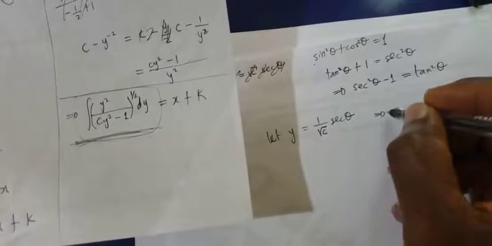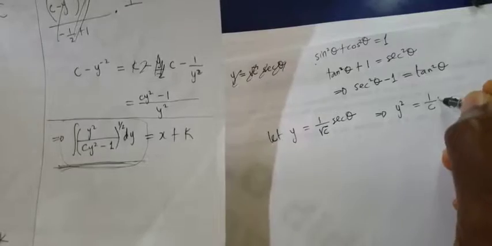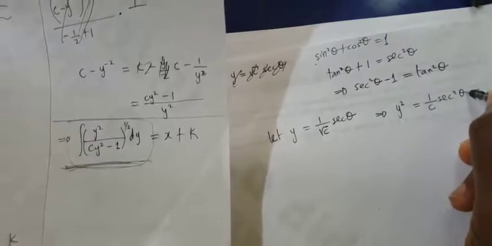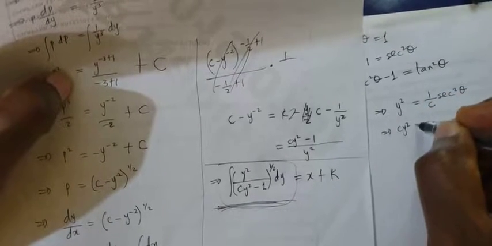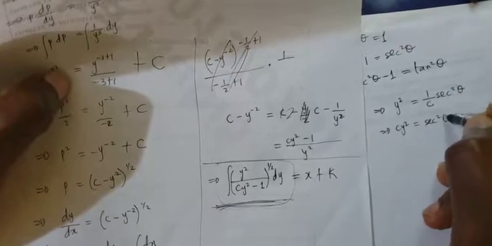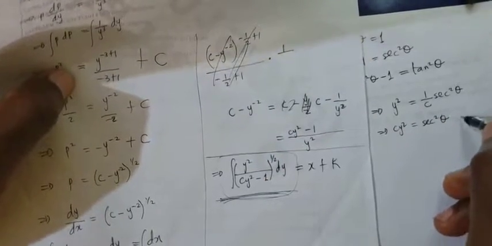So if we have 1 over root c sec theta, the idea is that when I square this, it's going to give me 1 over c sec square theta. Then when I multiply it by this cy square, when I multiply it by c, I'm going to have cy square to be equal to just sec square theta, and I'm going to have a denominator just sec square theta minus 1, which I can equate to tan square theta.